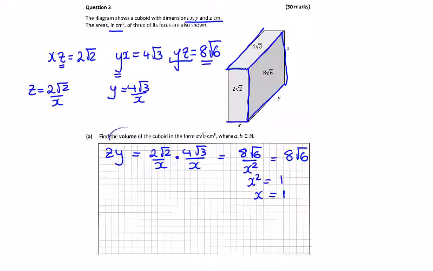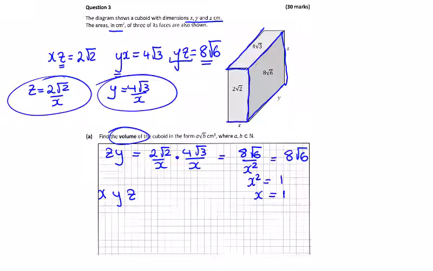We're asked to find the volume, so we're looking for x times y times z. Well, if x is equal to 1, z is just equal to 2 root 2, and y is equal to 4 root 3. So we just have 2 root 2 by 4 root 3 by 1, which is equal to 8 root 6.